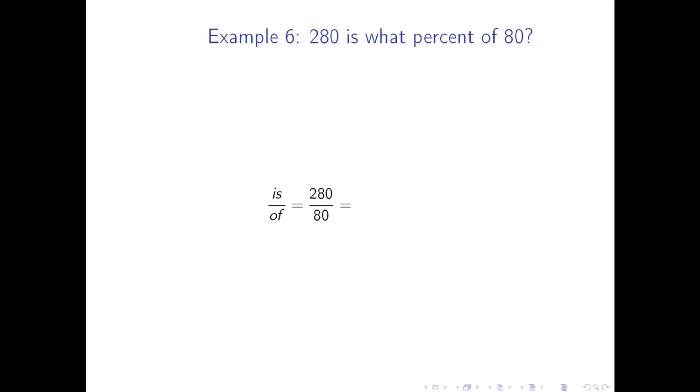In this case, it's actually the opposite. 280 is on the top because that's associated with is, and 80 goes on the bottom because of. Now, if you do quick division, that comes out to be 3.5, which as a percent is 350%. So the is over of helps us figure this out.